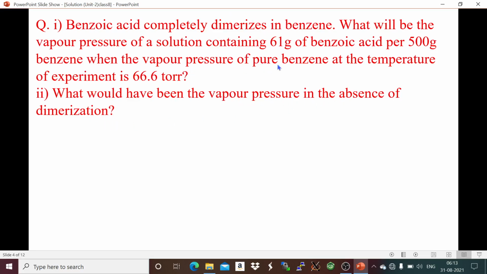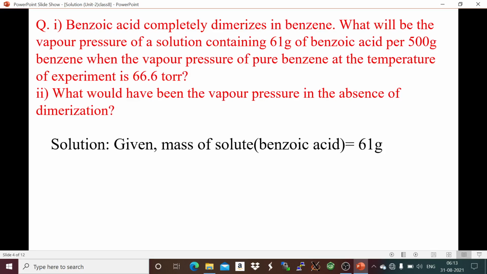First we have to find out the vapor pressure of the solution when benzoic acid completely dimerizes in benzene. So as you know, benzoic acid completely dimerizes in benzene, so we can easily find out the i value, no? And here in the absence of dimerization, that means again we know the i value.